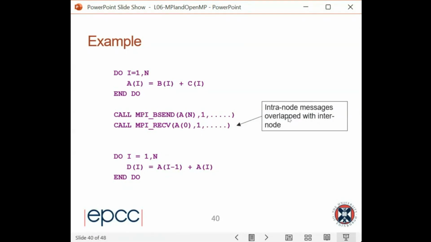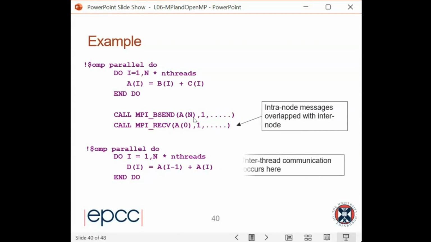So here the intranode messages overlap with the internode. If you just do pure MPI, the messages which are going inside a node between the processes on a node are being sent at the same time as the messages which go between nodes. However, if I have a bunch of threads, and I am doing the entire loop over all n times n-threads data points with a parallel do, then the inter-thread communication happens here.